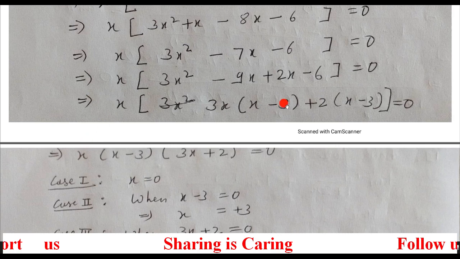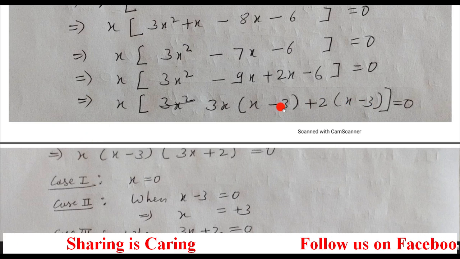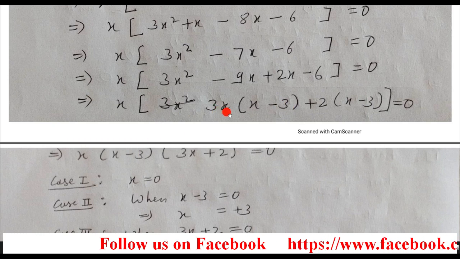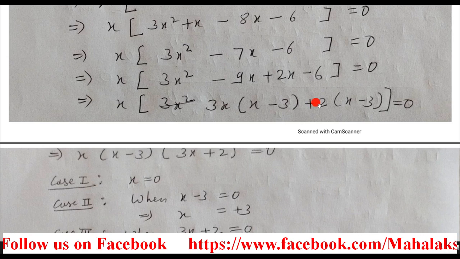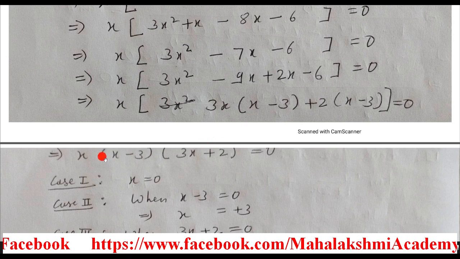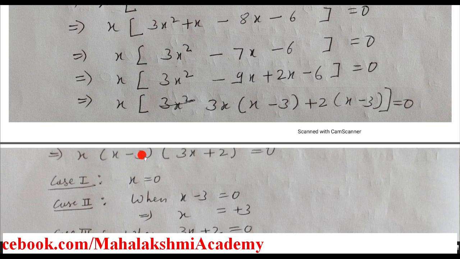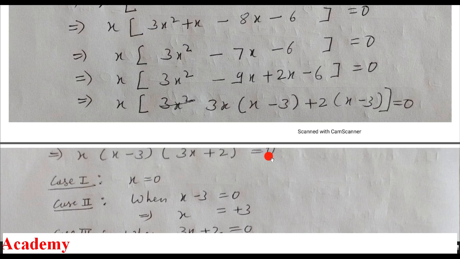Now here also x minus 3, here also x minus 3, so I took x minus 3 common, and wrote here x minus 3. Now what is left here? 3x, and here we are left with plus 2. So the factorization of the polynomial is x (x minus 3)(3x plus 2) equal to 0.